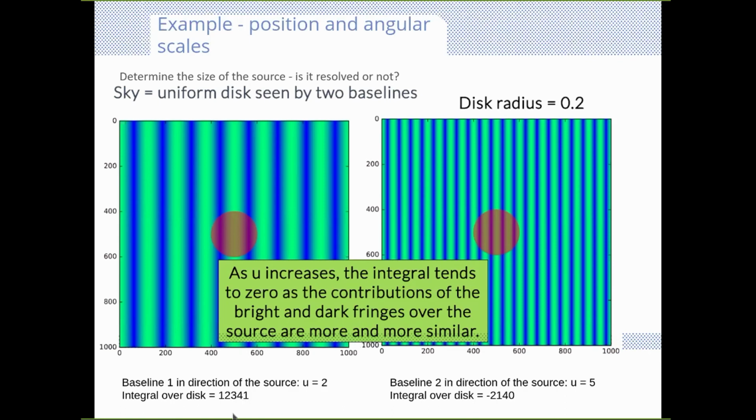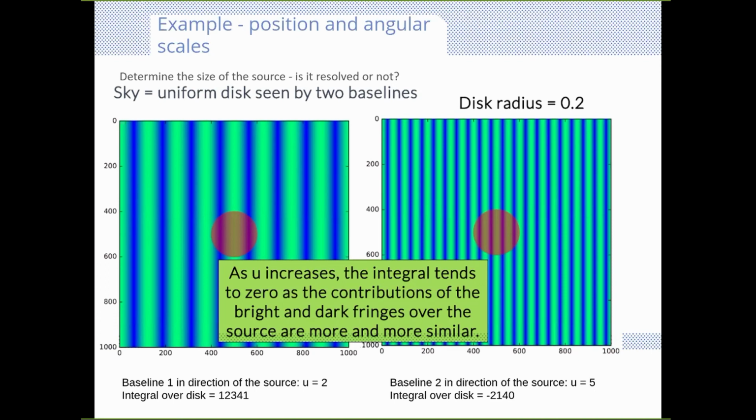At some point, let's say at some threshold, we say the integral over the source is essentially 0, and at that point the source is said to be resolved out. We get no power from our interferometer if we move the two antennas further apart.